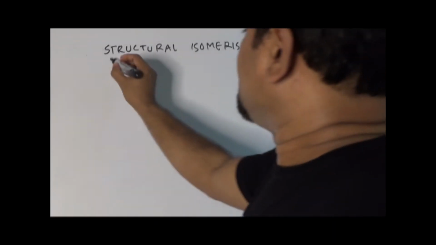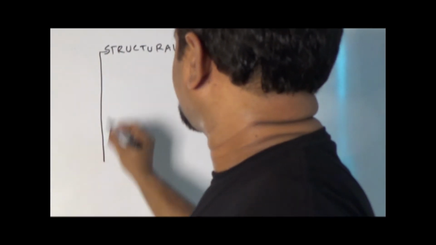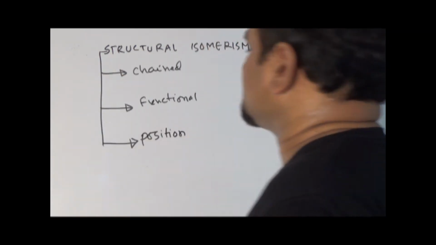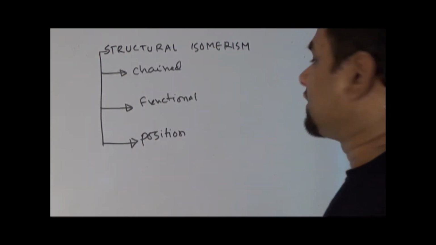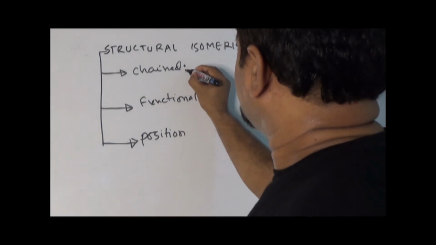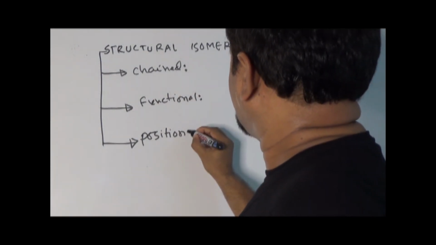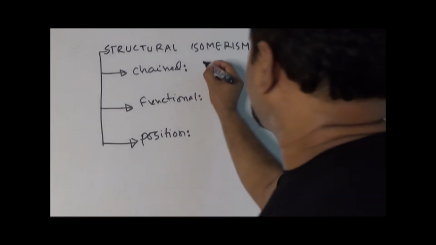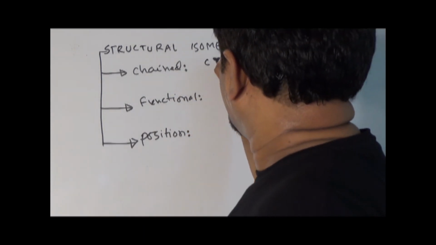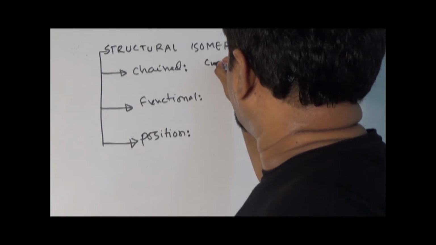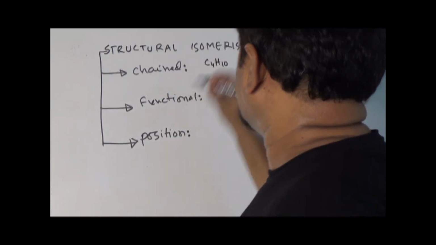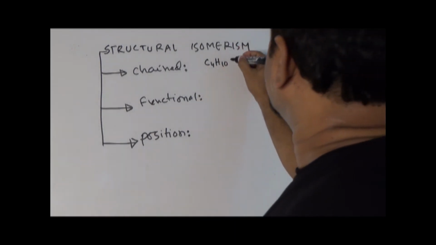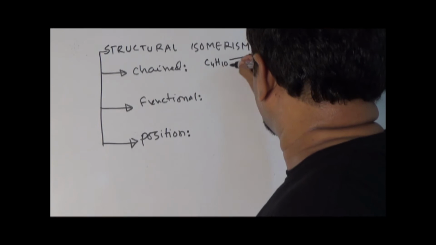Now in detail, structural isomerism. Structural isomerism has 3 types. First one, chain isomerism. If I tell regarding chain isomerism, the same molecular formula but the structure is different due to the chain. Let's see. C4H10. This is butane. This is the molecular formula. We can draw two structural formulas of this one.